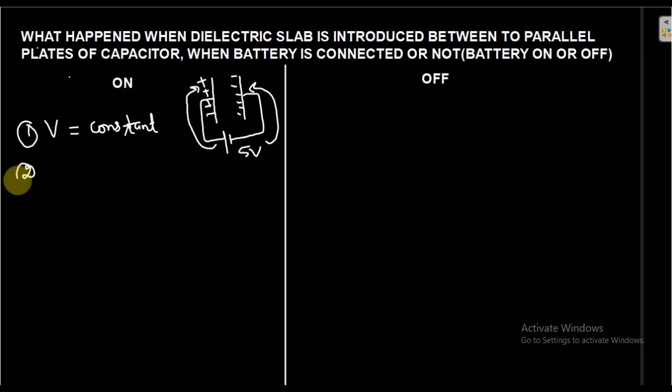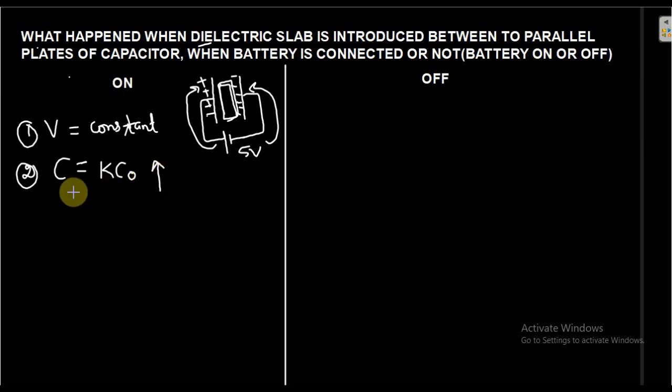The second case: how will the capacitance vary? For capacitance variation, we already have this formula and this concept. In this case, one thing I missed: a dielectric slab is also between the two plates. When a dielectric slab is between the two plates of the capacitor, the capacitance always increases.